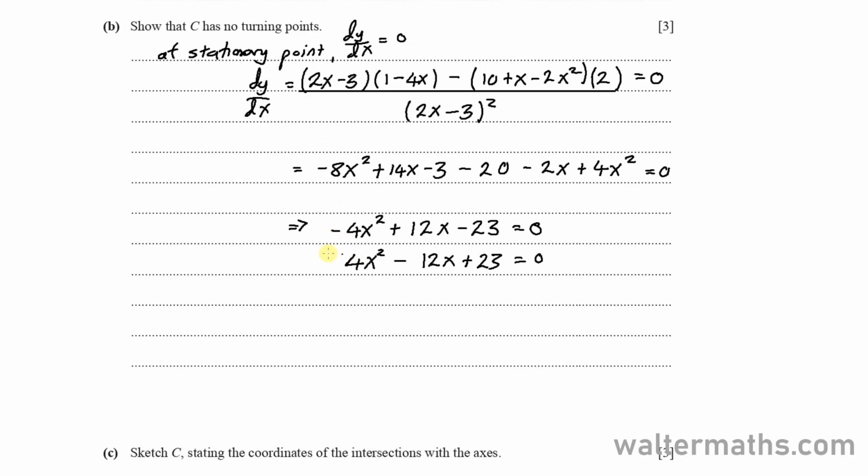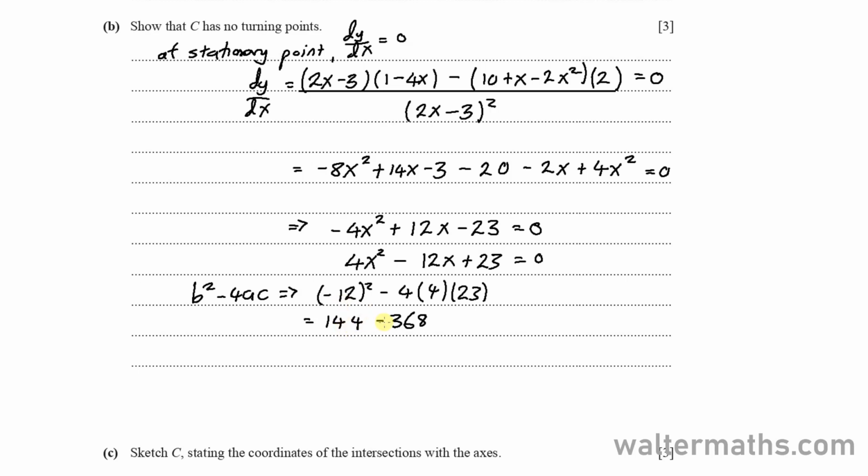Now, we want to see if we have any real values satisfying this equation. So for the discriminant, b squared minus 4ac, then we'll be having it as minus 12 squared minus 4 of 4 of 23. Now minus 12 squared is 144, and it's minus 4 times 4 times 23 gives us 368.